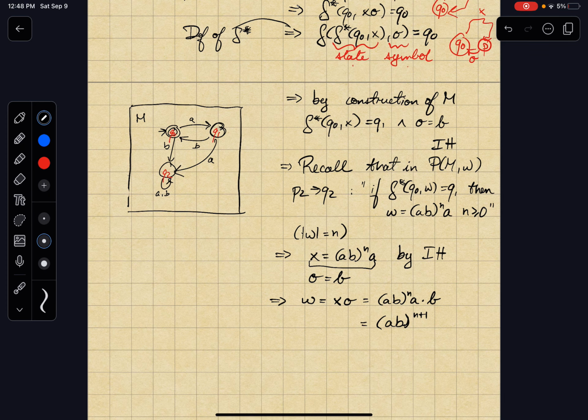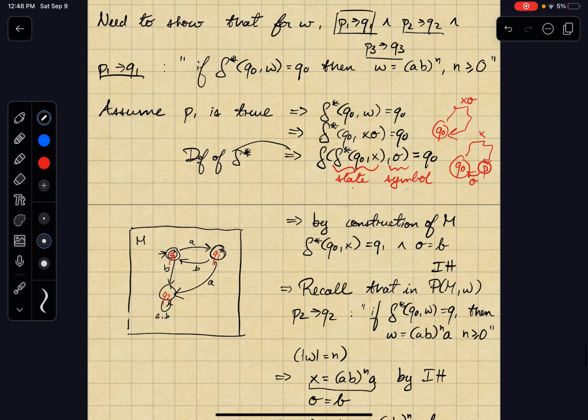And if I just let M be some integer equal to n plus 1, then I have that W looks like ABM, where m is some integer greater or equal to 0.